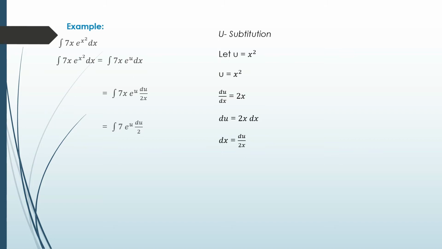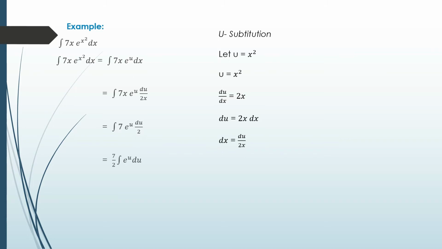So kita akan dapat integral 7 times e to the power of u du over 2. Okay, for the next step, kita boleh tengok yang 7 over 2 as the constant. So replace them to the left of the integral sign.